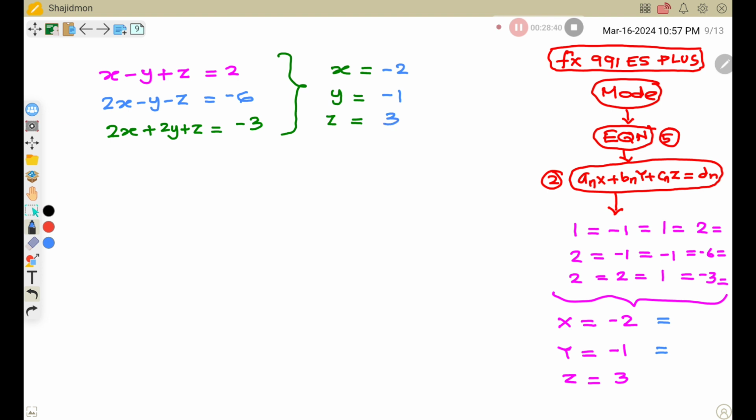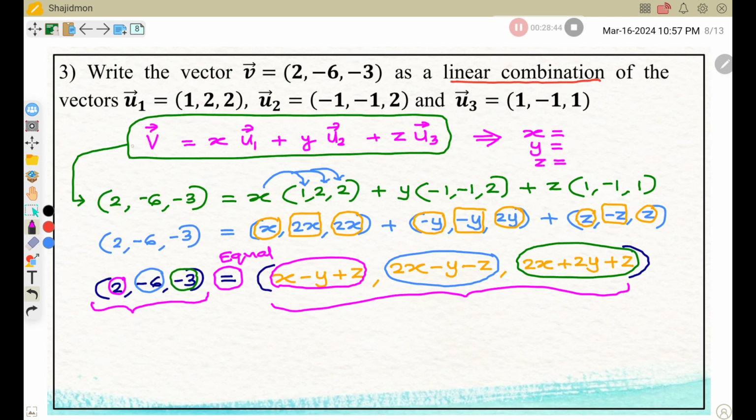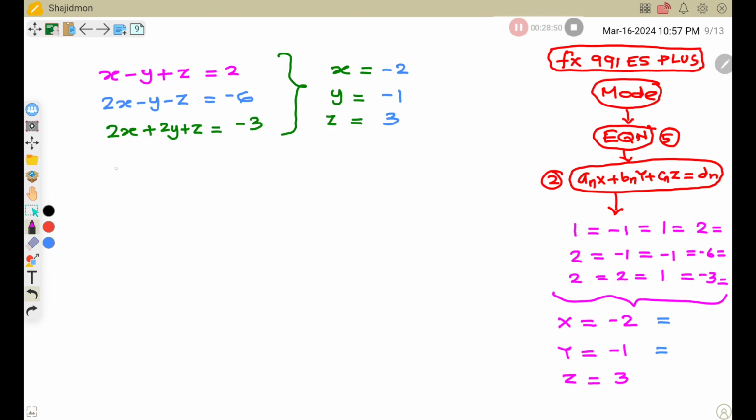Now we can apply the rule here, the linear combination step: vector v equal to x u1 plus y u2 plus z u3. We need to write the linear combination. So the linear combination is vector v equal to x, which is minus 2, multiplied by vector u1, plus y, which is minus 1, correct?